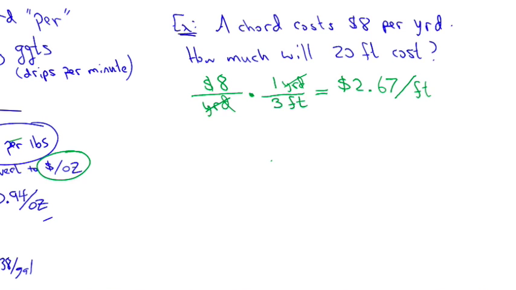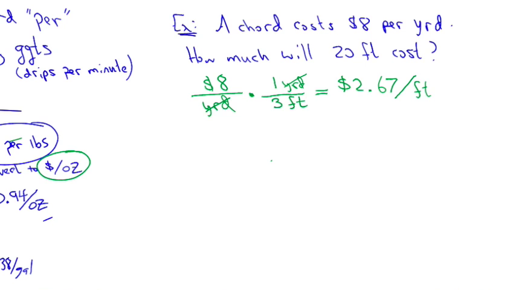If everything's on the right, I'll do it that way. But generally I'll put it that way because I can't get the computer to recognize a front and a back. It either recognizes front only or back only. It's weird. Okay, so what can I do with this number to get to my cost of 20 feet?